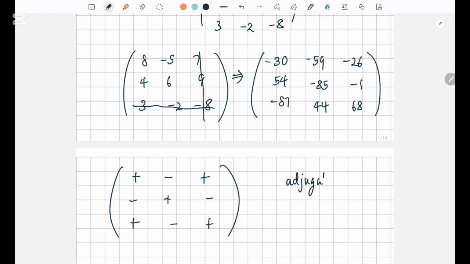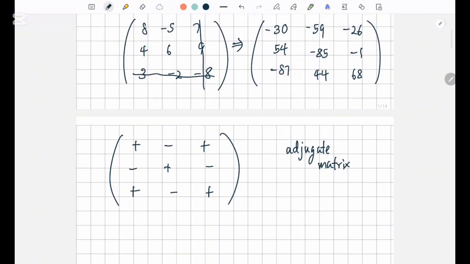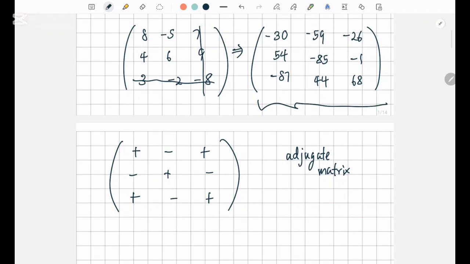I don't know whether I'm pronouncing it right, but this is the spelling. So to find this matrix, basically the previous matrix we found, we need to multiply the numbers we have in each row and column with the symbols, the plus and minus symbols.